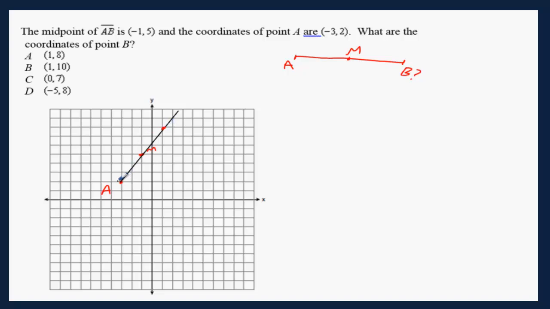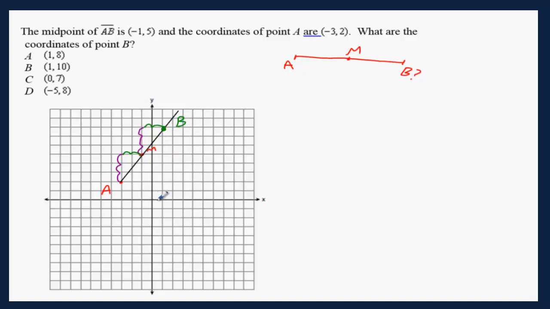Because we go up by 1, 2, 3, and then you make a right twice to get to the midpoint. So you're going to make a right twice to get to the other end. See, like two triangles in here. So this is the point B.